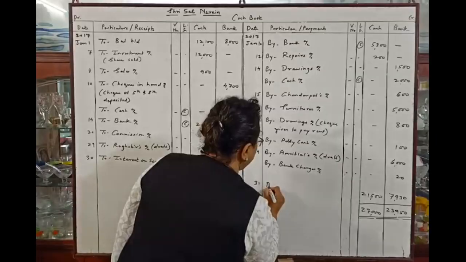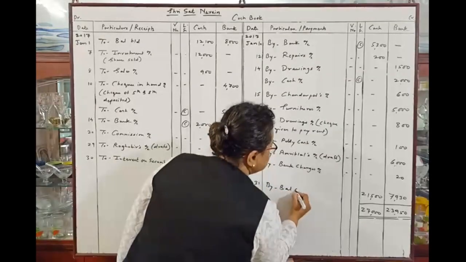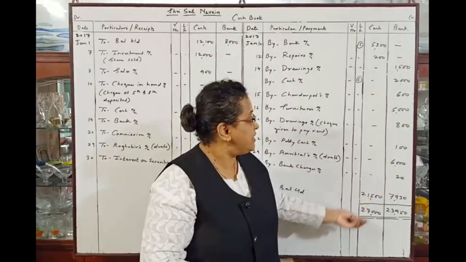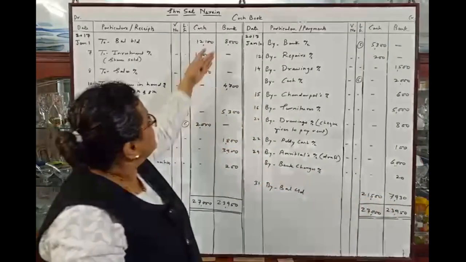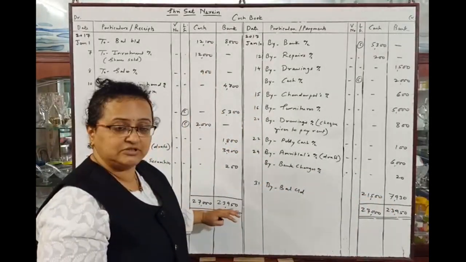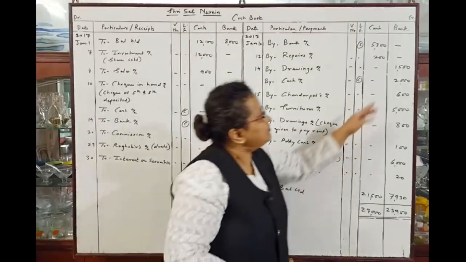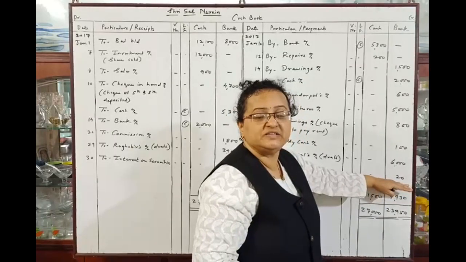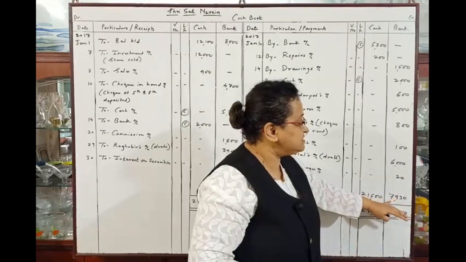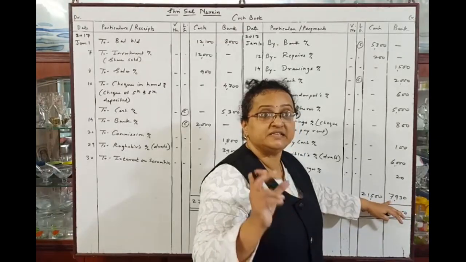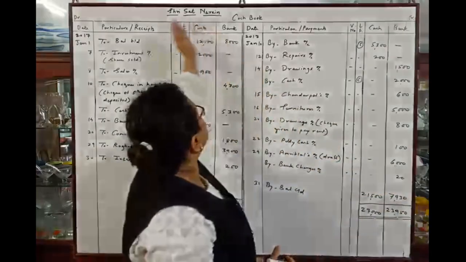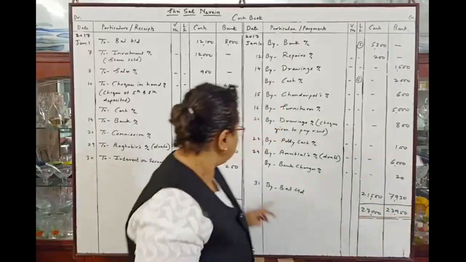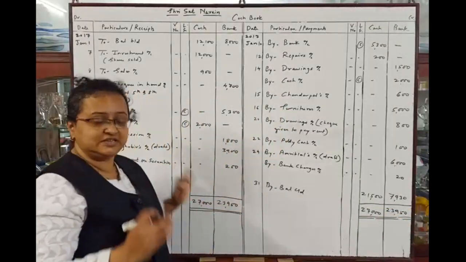January, by balance carried down. Cash balance is 21,500. Bank balance, total receipts are 23,950 into bank. From that total payments have been made worth rupees 16,020. So balance in our bank account, that is business bank account of Shri Sat Naren, was 7,930 on 31st January 2017.